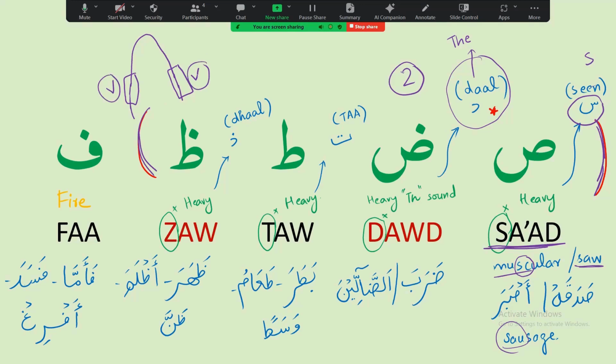We raise those towards our upper molar wisdom teeth and touch them. So imagine this process, take the end part of your tongue, touch it to the upper wisdom teeth and say law, law.